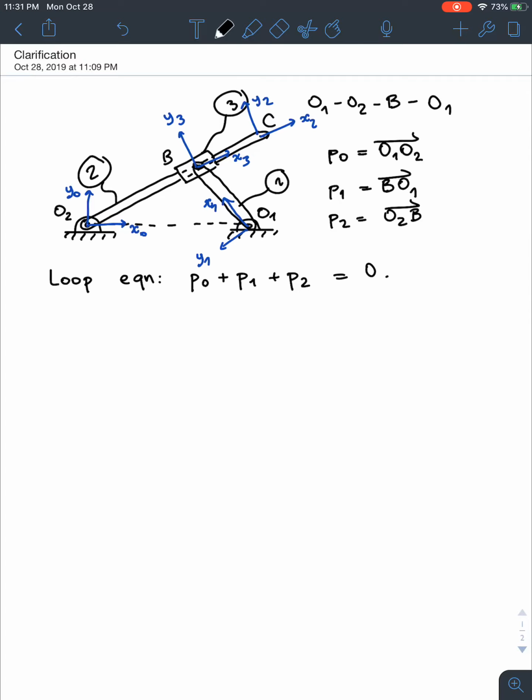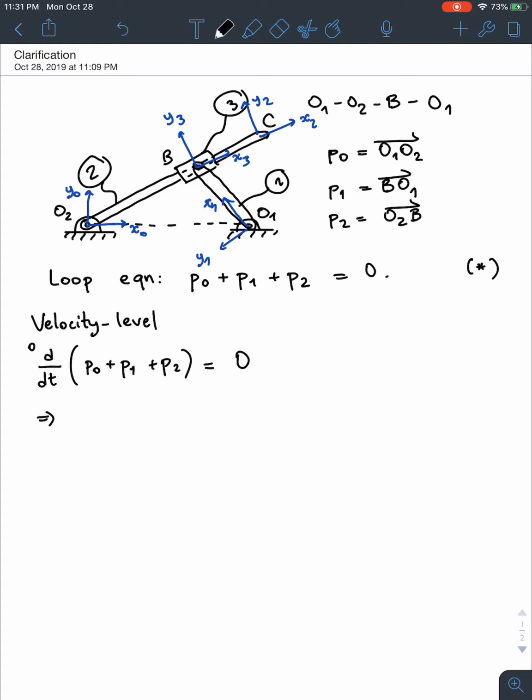What I'm going to do immediately is derive the velocity level loop equations. For that, I'm going to differentiate star in time in the 0th frame. So let's go over it again. d/dt in 0 of p0 plus p1 plus p2 equals 0.